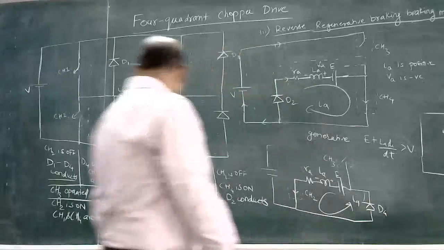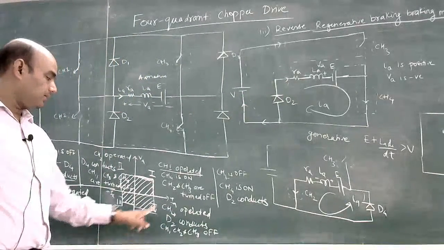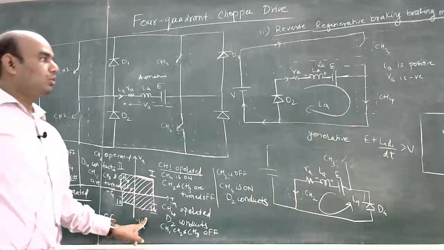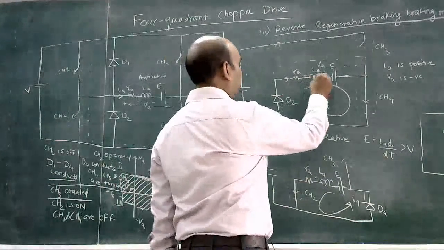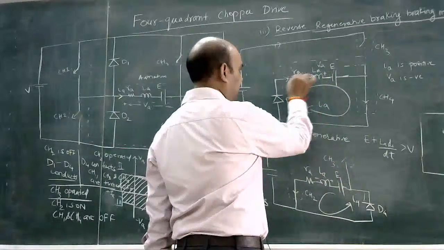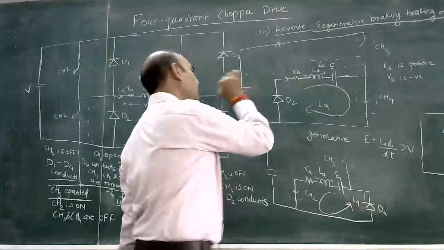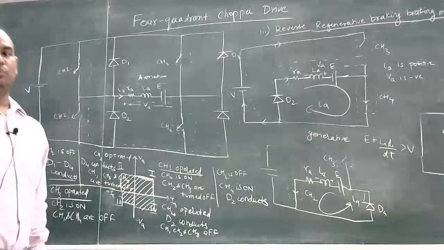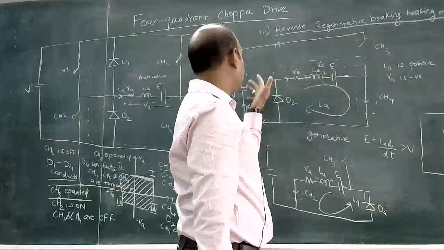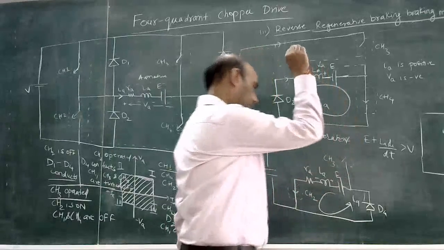Current is positive and VA is negative, so this is operating in quadrant 4. This inductor will get charged by this IA, and the voltage generated across the armature becomes greater than V. When the voltage across the armature becomes greater than the supply voltage, it behaves like a generator.